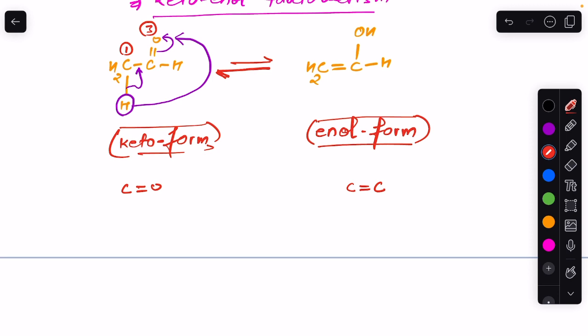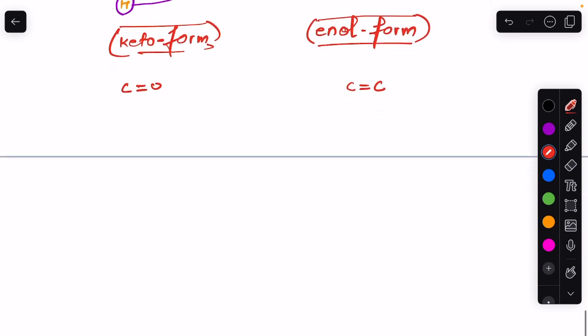Lastly, let's look at ring chain isomerism. Last one is ring chain isomerism.